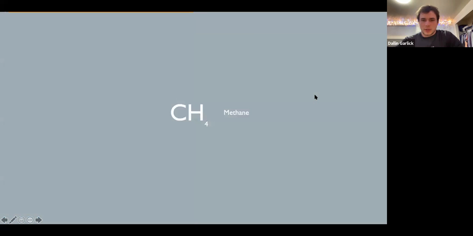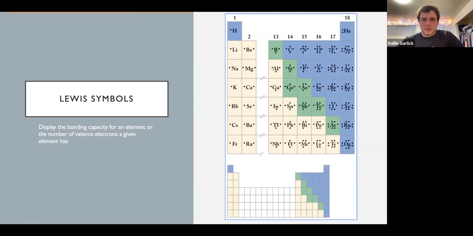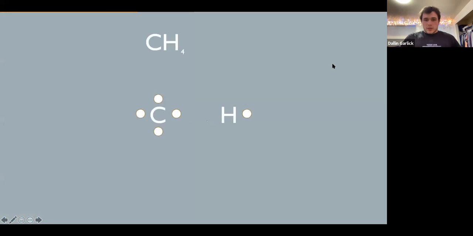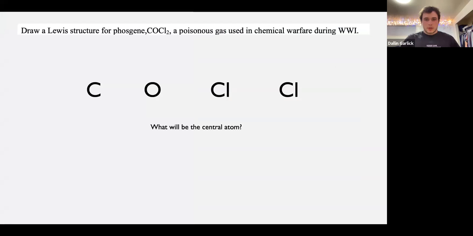So if it's C, O, and Cl, then the least electronegative element will be carbon, because electronegativity increases as we go to the right and up. So up here will be more, and then here will be less than both of those. With that, we can know that carbon is going to be the central atom.